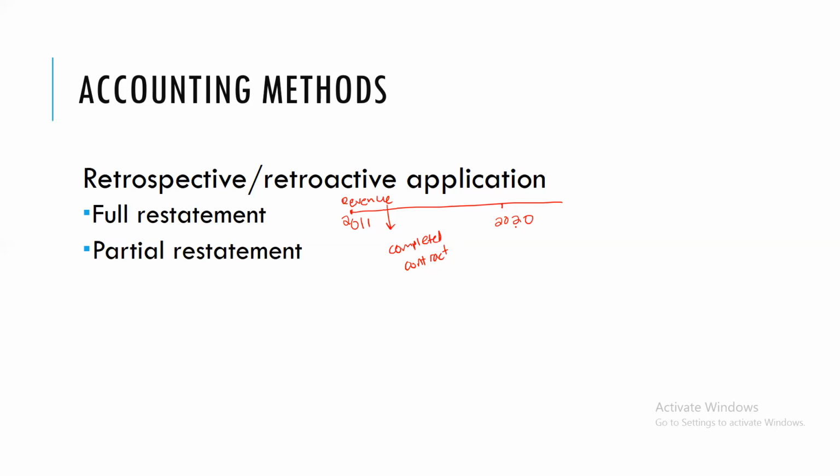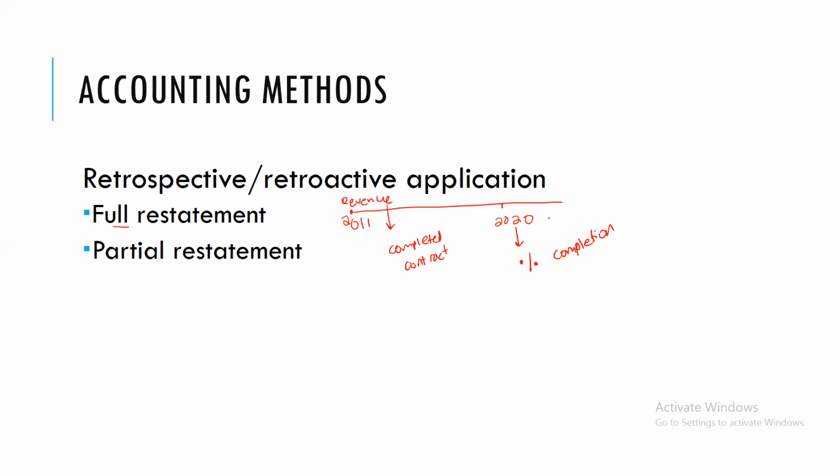Then in 2020, you decide that I want to use the percentage completion method because it's going to provide better information to my users. So under retrospective full restatement, you can't go back and actually change the financial statements from 2011 to 2019 because that's done and those books are closed, they've been put away.